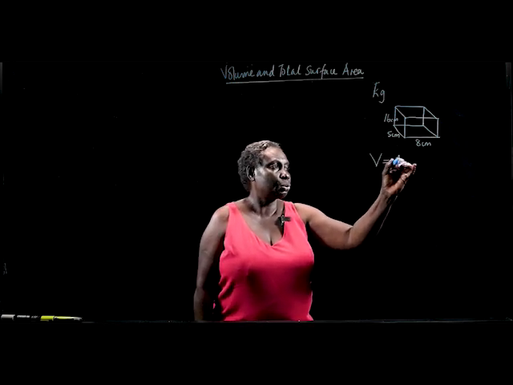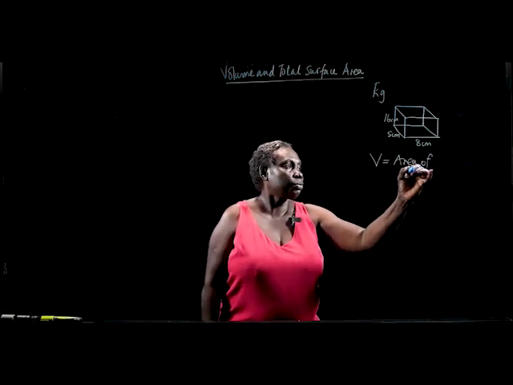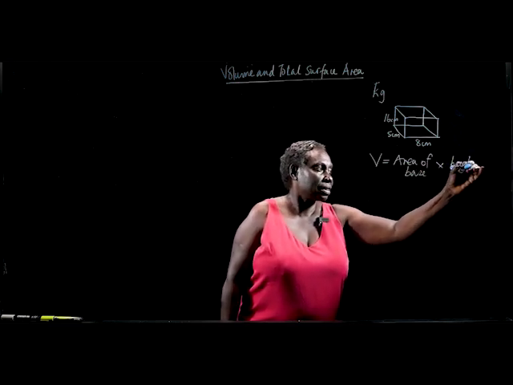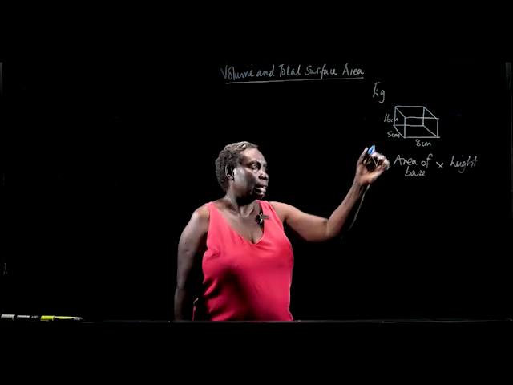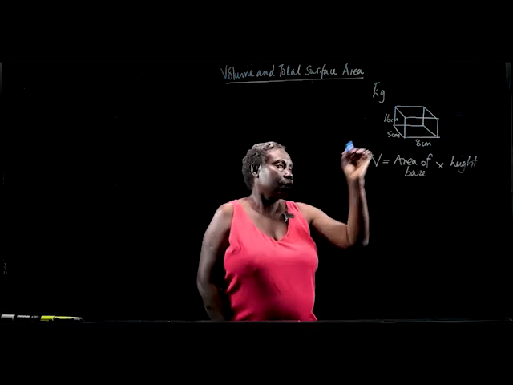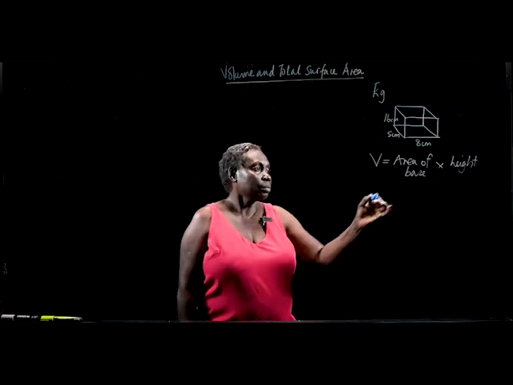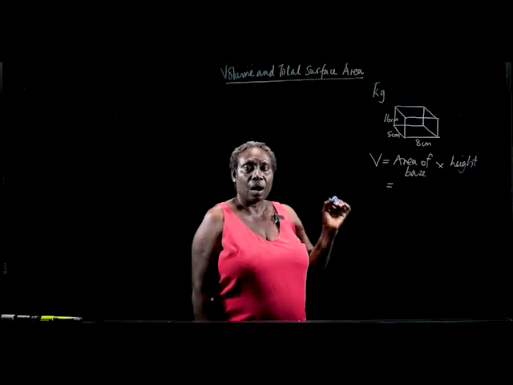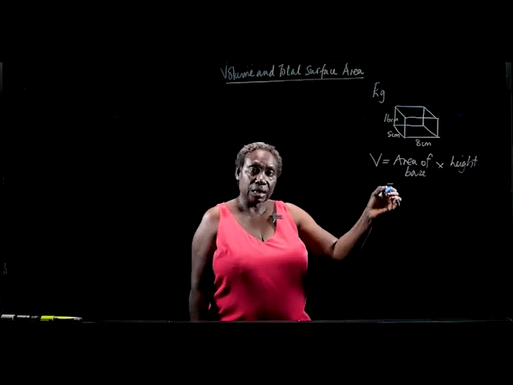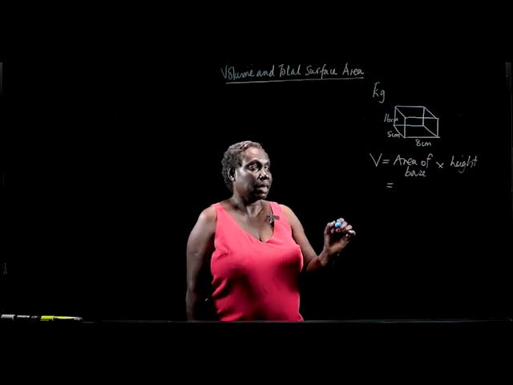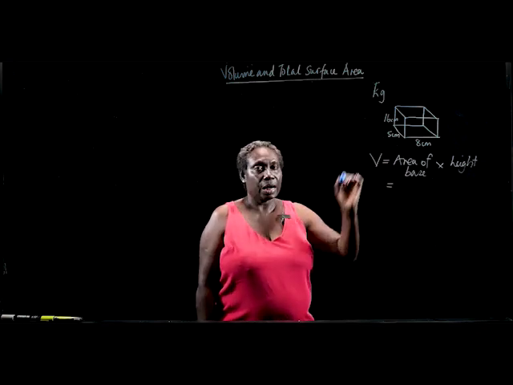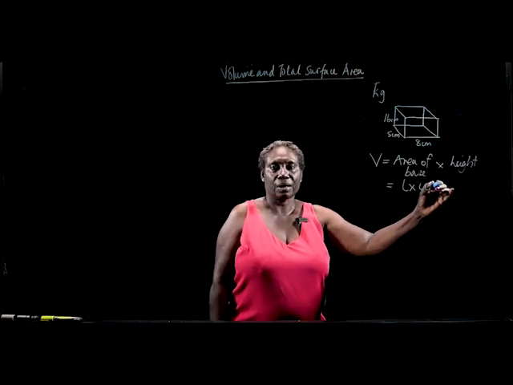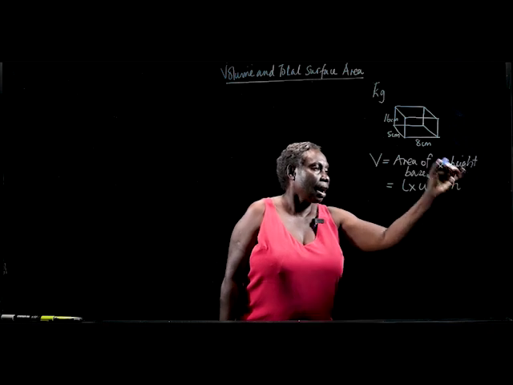Volume is equal to the area of base multiplied by the height. Okay, if we look at this cuboid or a rectangular prism, the base is a rectangle, and from our formulas that we have learned in grade 7 and grade 8, the area of a rectangle is length times width, okay, multiplied by the height.